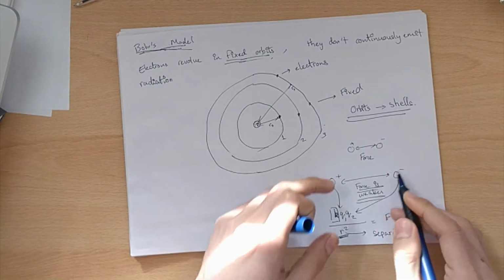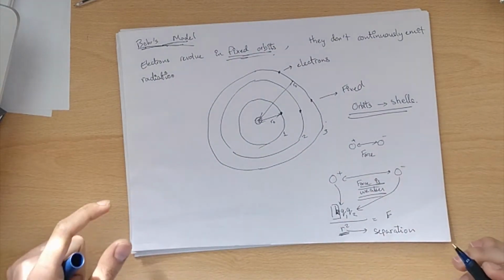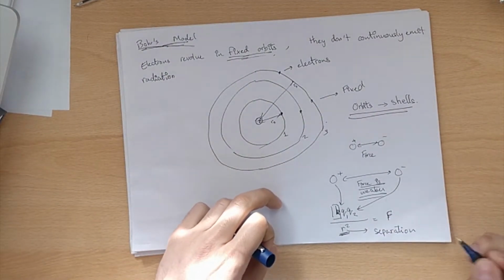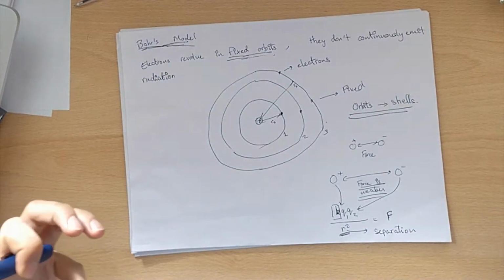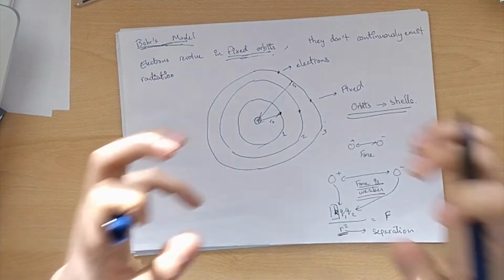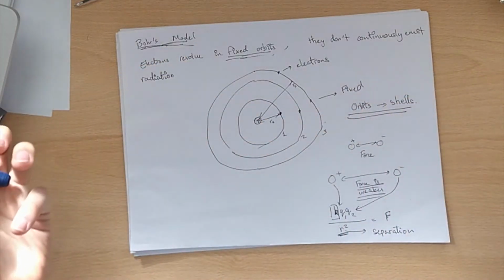So if the charges are really far apart, the denominator gets really big, and if the denominator of a fraction gets really big, the whole value gets really small. So the farther apart they are, the less interaction they have. If you move these charges really far apart, like to infinity, they're not actually going to pull each other. And that intuitively makes sense, whereas if they're relatively close to each other, they're going to pull each other.